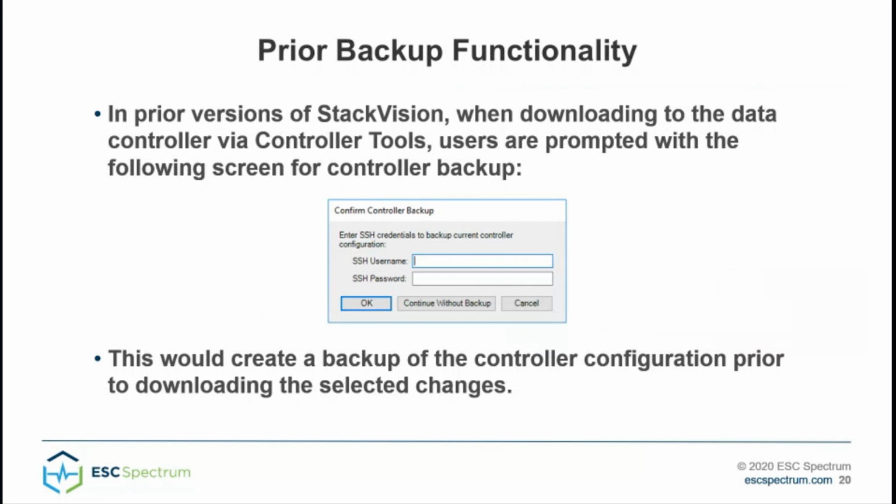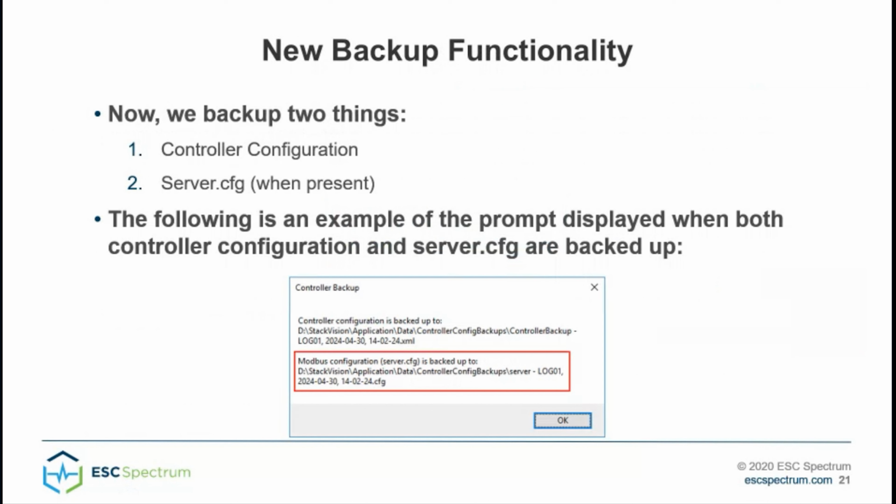In prior versions, when you download from StackVision to the data controller and you enter your admin credentials here, we would create a backup of the data controller for historical record keeping purposes, or just backups of the record before changes get saved. Now in 7.5, we also back up a server.cfg file when it's present, because it can be modified by that download.